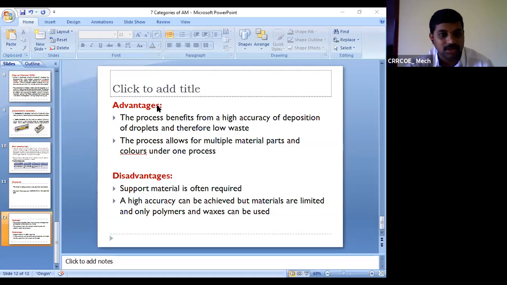The process also allows multiple material parts and colors under one process.